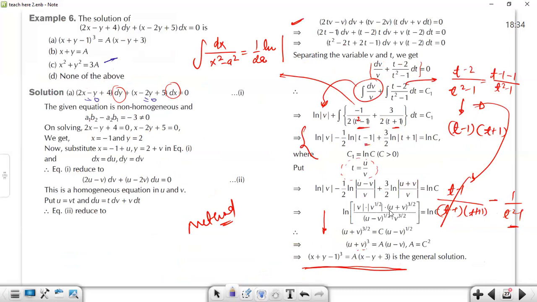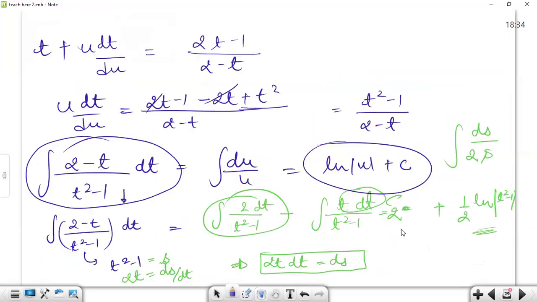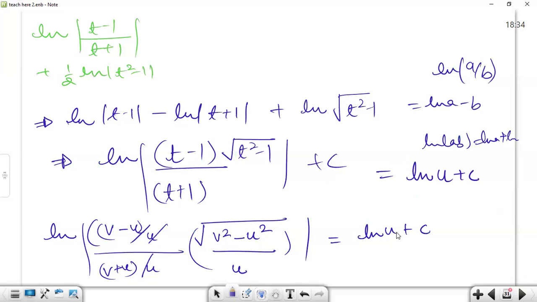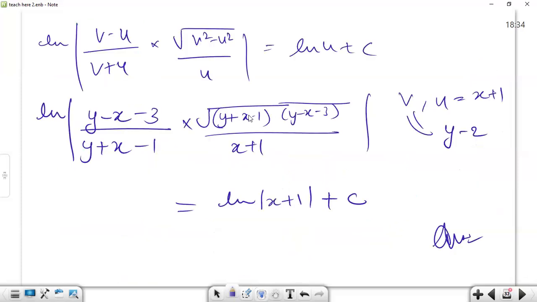After simplifying, our solution is a little bit similar to the answer that is given, but they have solved it wrong, so our answer might not match. So here what we can do is take the logarithm of u to the left hand side and keep the constant here. So let's make some changes over here.